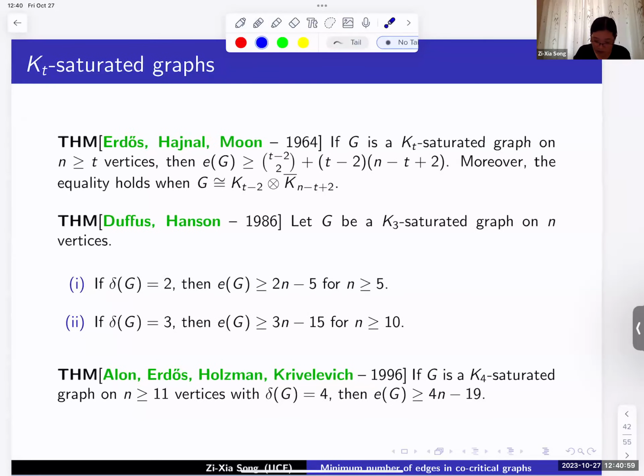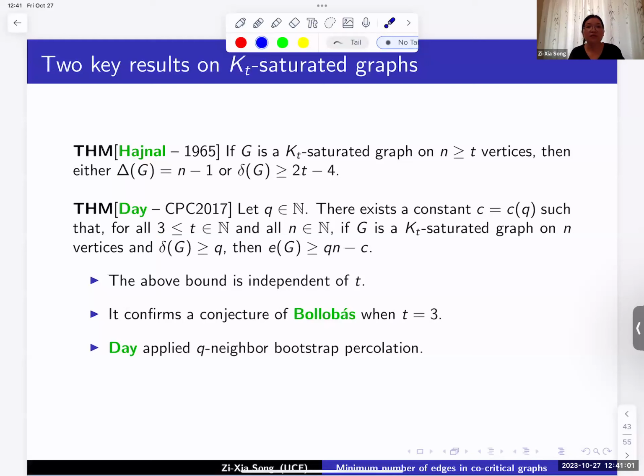Now, what is really useful to us is a result due to Hajnal. This is very important to us and helped us solve the K_t-T_k co-critical graphs.